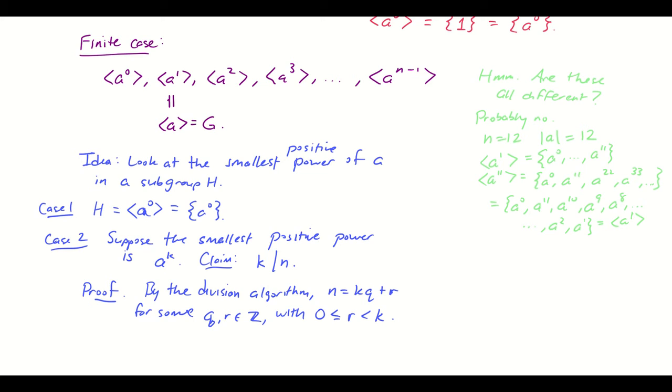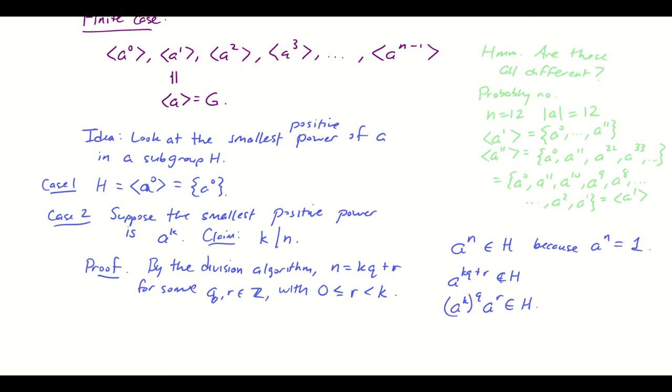All right, so in that case, one thing that I know is that A to the n is in H, because the order of A is n, that means A to the n is 1, and the identity has to belong to H. So that means that I know that A to the kq plus r also belongs to H, because that's exactly the same thing. N is kq plus r, which means I can say A to the k raised to the q times A to the r belongs to H, because I can just use properties of exponents to rewrite this expression here.